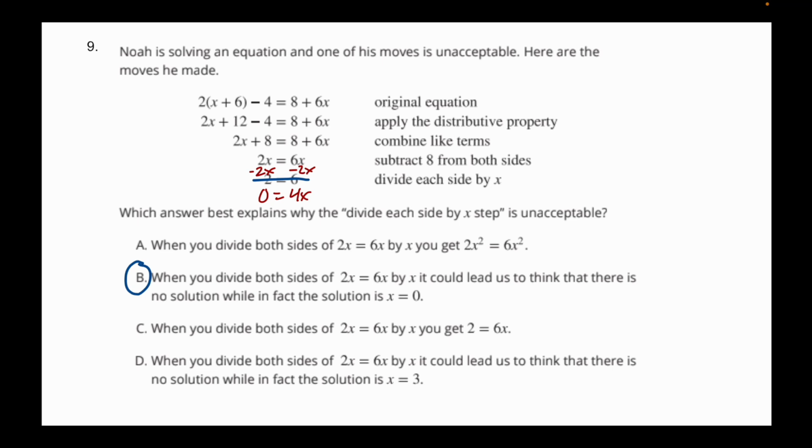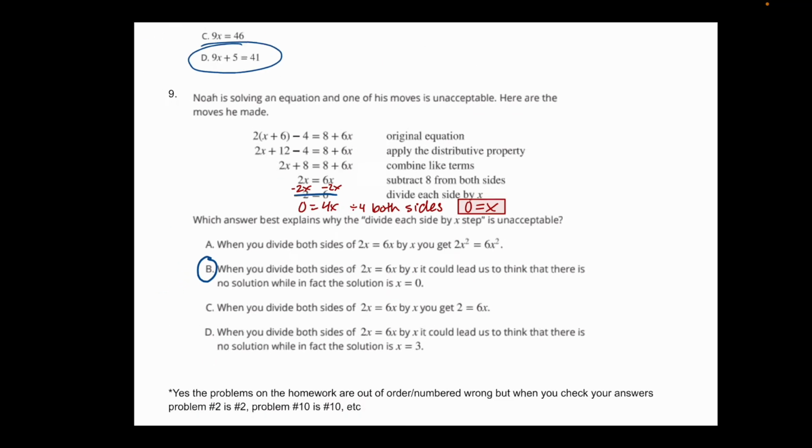Now that all of my terms are together, it's safe to actually divide by that coefficient. So you would then divide by 4 on both sides. And that's how you would reach that 0 is equal to x as your answer. So it is possible to have an answer here, and that answer is 0. But if we divide by x, it removes that possibility of us actually seeing that. So the answer is B.